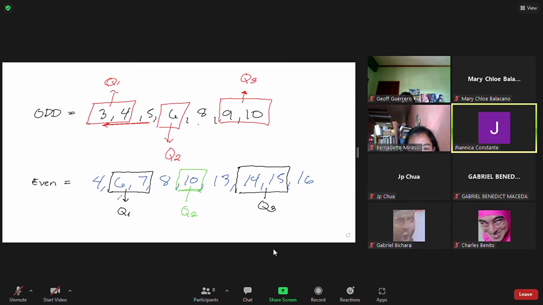Since in this one, there are four numbers left, it's an even number. That's why you're going to get the middle between the last and the first number on the set of data that we have, when it's an even number that's left, once you identify your quartile 2.